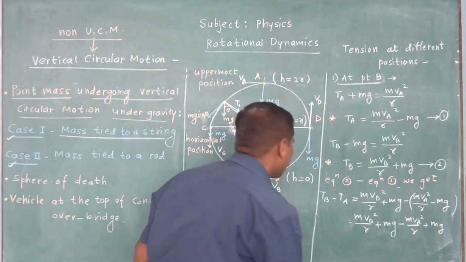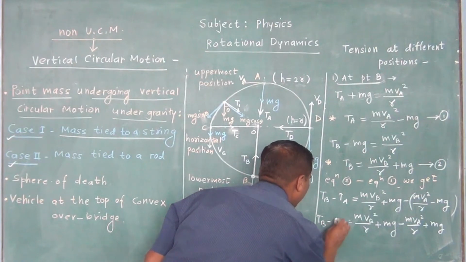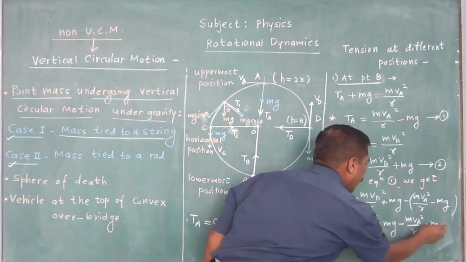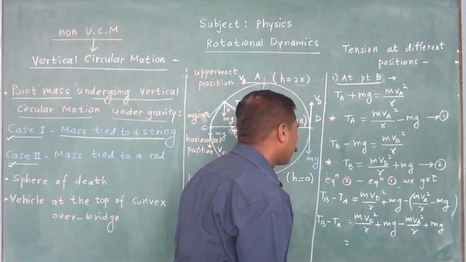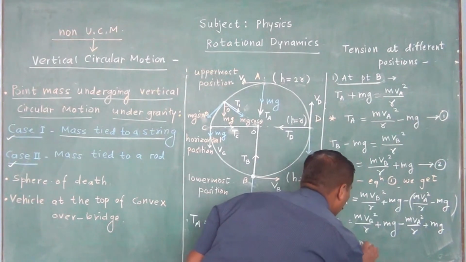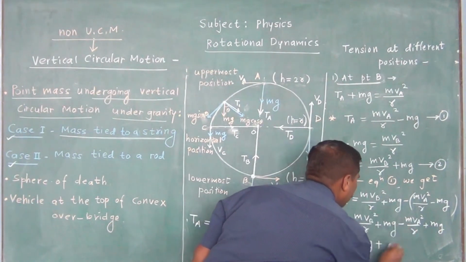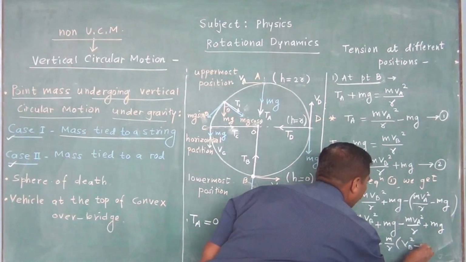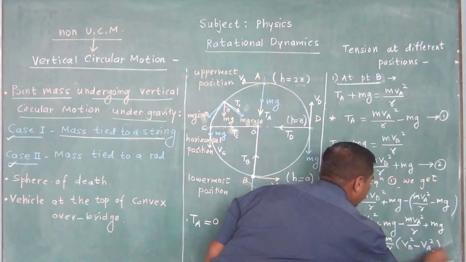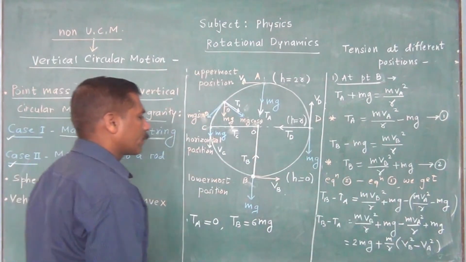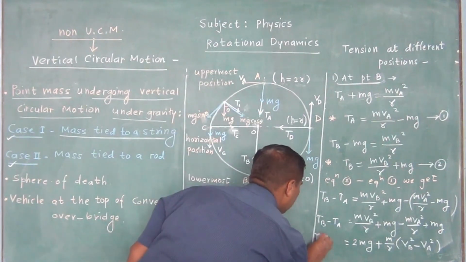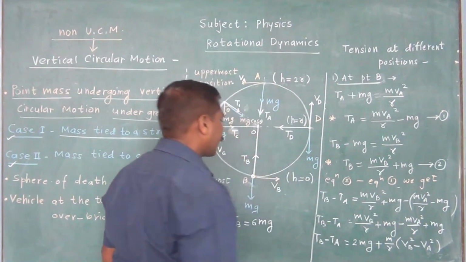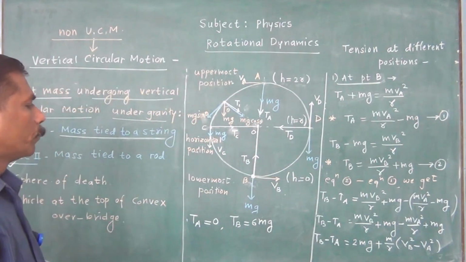So you will get the relation tension B minus tension A, which is equal to, this mg will become 2 times mg, plus from these two terms m upon r is common, and it is vb square minus va square. And this is nothing but the tension difference at the two positions.